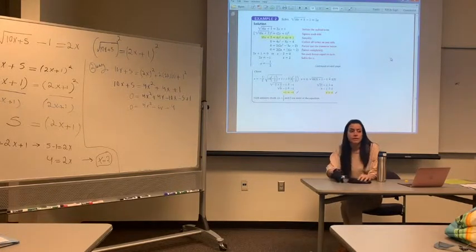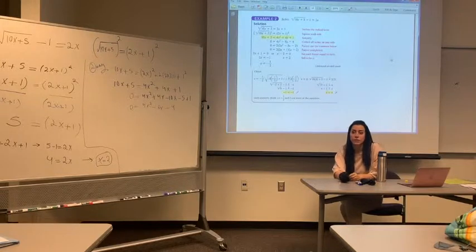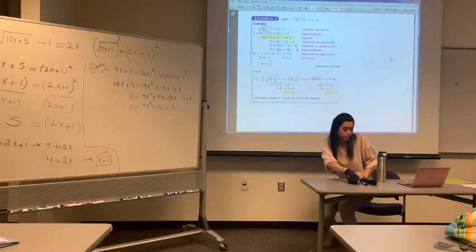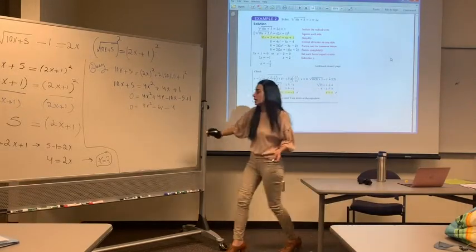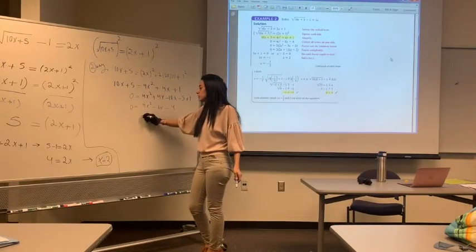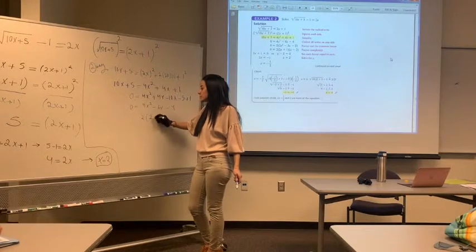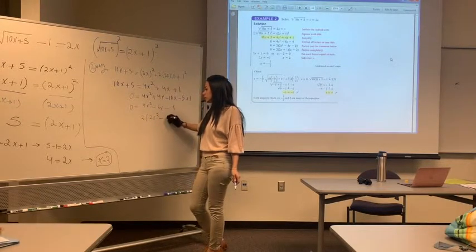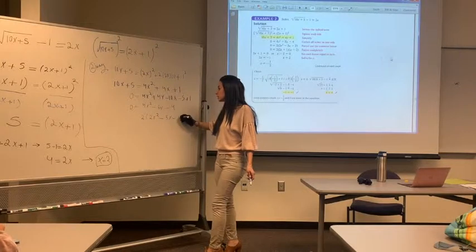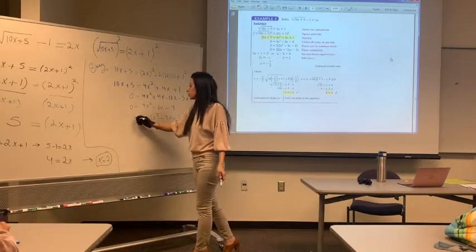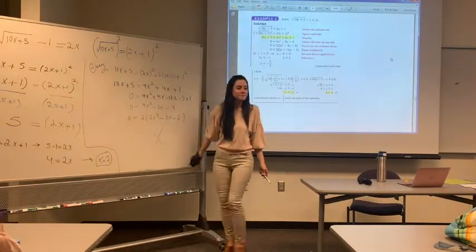To solve this kind of quadratic equation, what we do at first is bring out all the common factors, right? What is common between all of them? 2. So we have 2 multiplied by 2x squared minus 3x minus 2 equals 0, and then we give up.